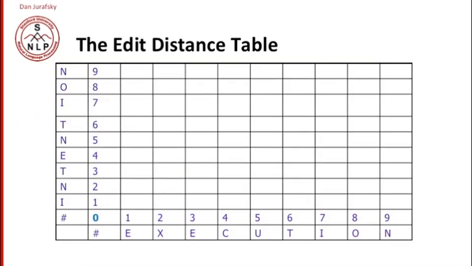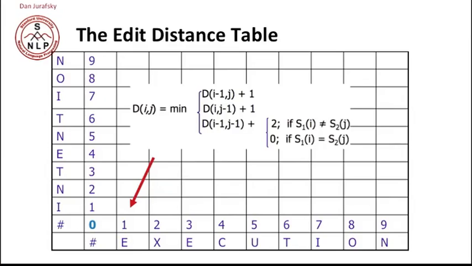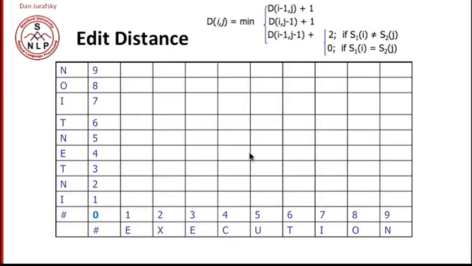So here's our table, and we can fill in each element of the table using this equation that tells us the deletion cost, the insertion cost, and the substitution cost. So let's do that. I put the equation up here in the corner.